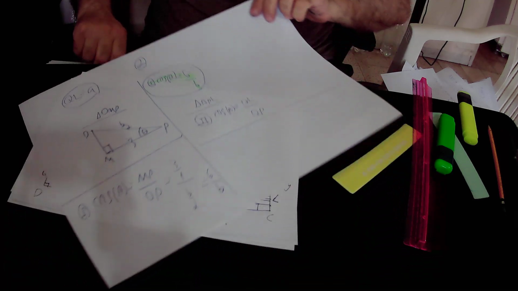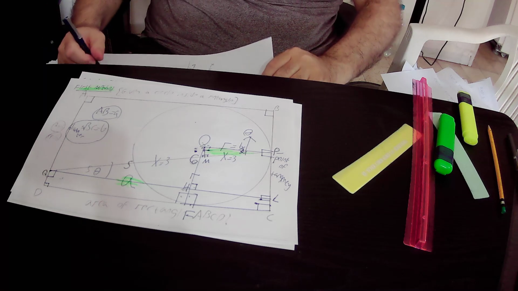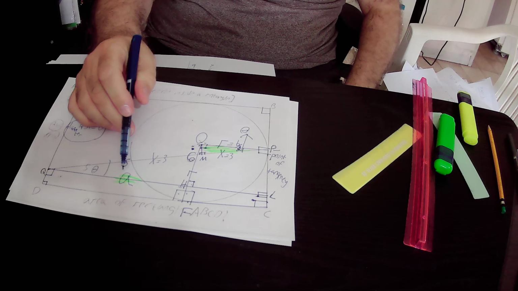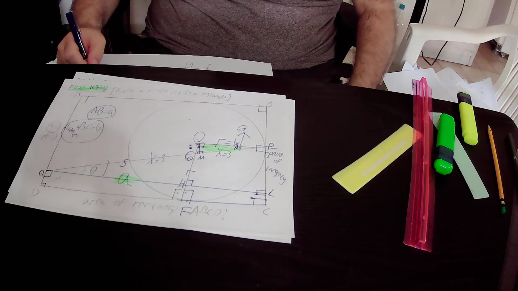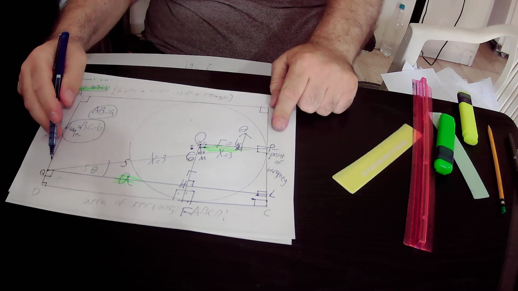So here, QL, what is the value of QL? QL equals A according to our definition, according to what we have already found out. And QP, what is the value of QP?